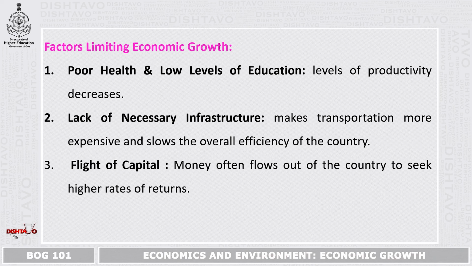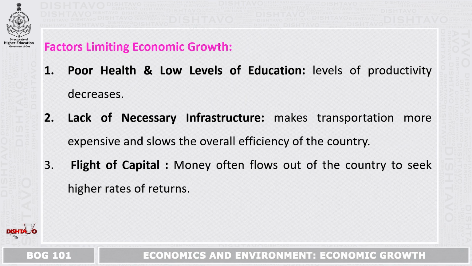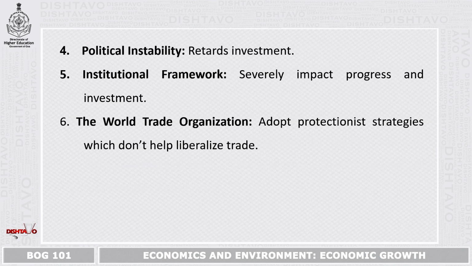The third is flight of capital. Here, money often flows out of the country to seek higher rates of return. The manpower of undeveloped countries always tries to move towards well developed countries, so there is always a depletion of manpower in that country. Fourth, political instability, which hampers the development of economic growth.